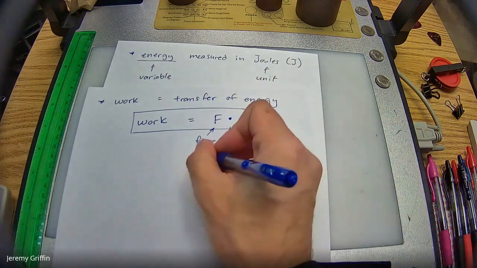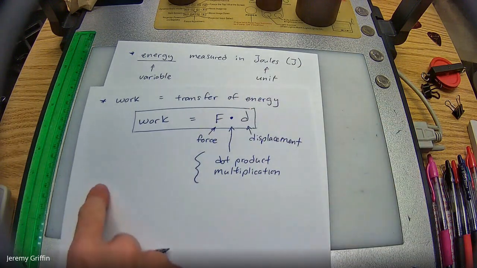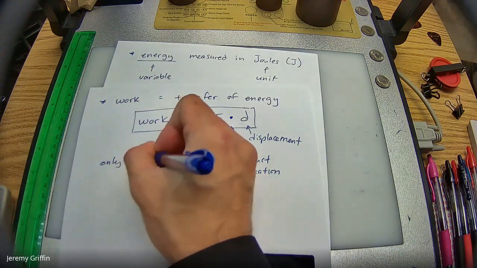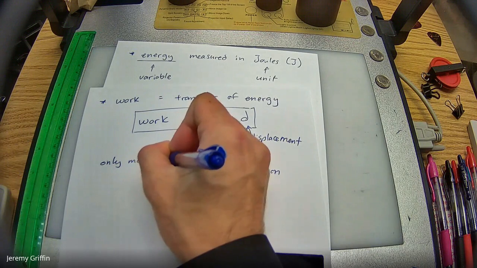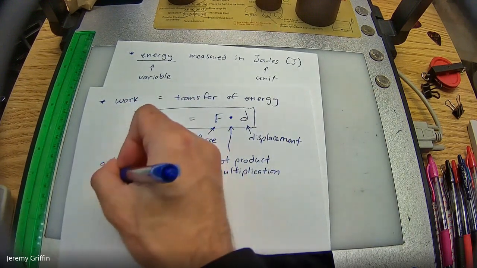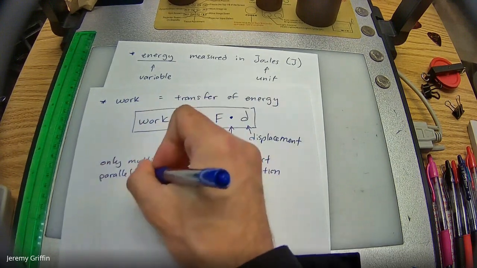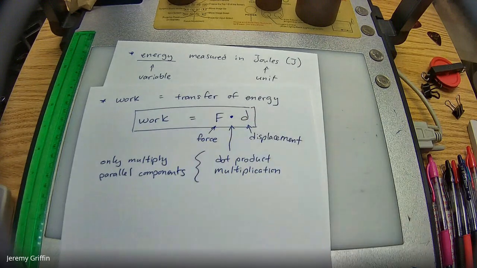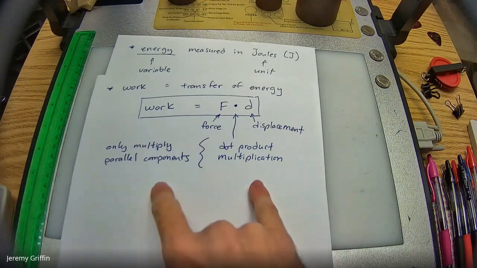And what it means is that, you have to write this over here, okay? You only multiply parallel components. Okay? Only of the 2 vectors that are being multiplied together.